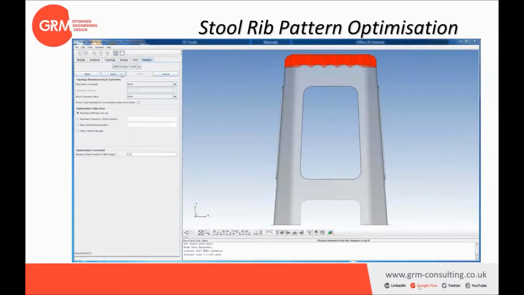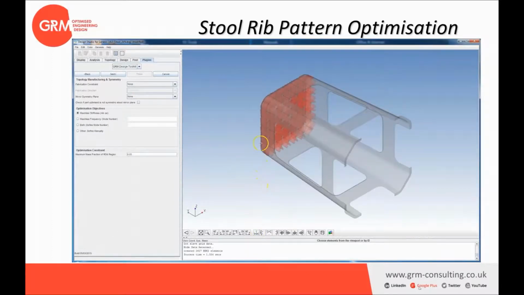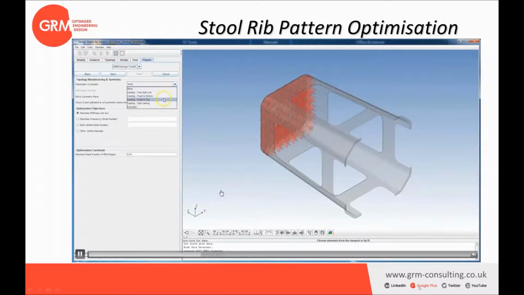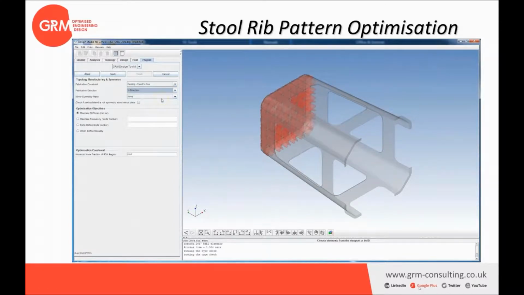We can then define the fabrication constraints. We want something manufacturable, so we want to put a casting constraint from top to bottom, so that the material will be kept at the top of the seat and be removed at the bottom.